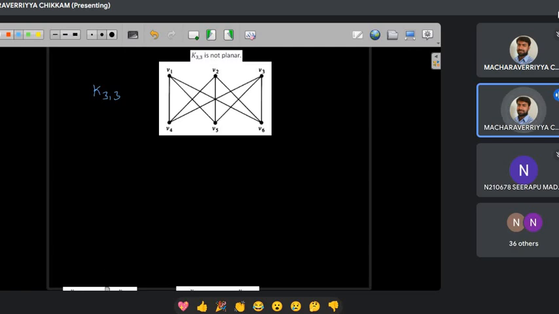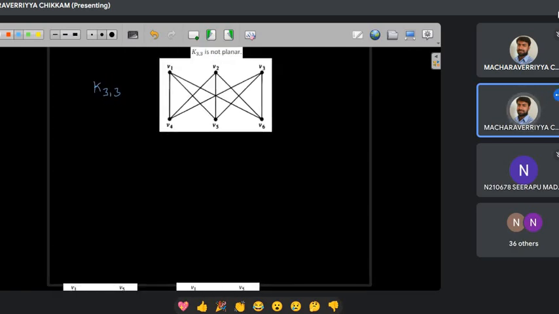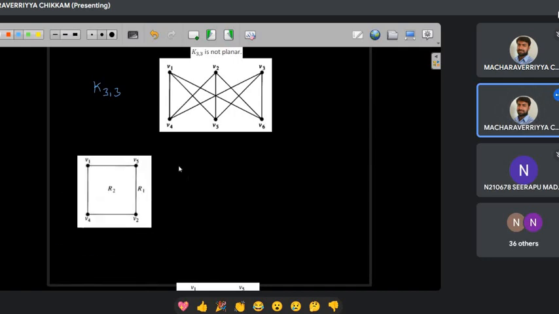First we will take the vertices which create a circuit like this: V1, V5, V3, and then V4. So now this circuit divides the entire plane into two parts: the region inside this circuit, and the region outside this circuit.